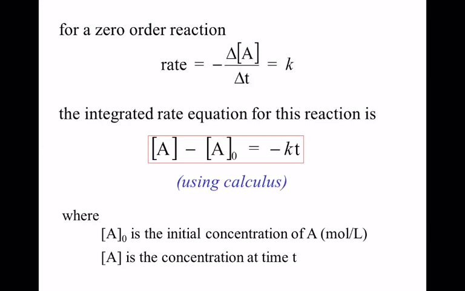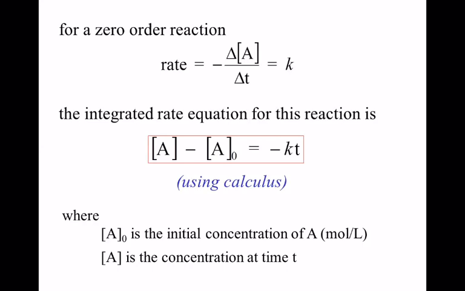For those who haven't had calculus yet, just make this leap for me. This is a relationship for A being zero order: at any given time t, k is a constant, and we have this relationship between the initial molar concentration and the molar concentration at that time. That's all this is saying for zero order.